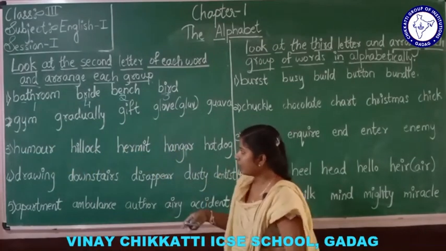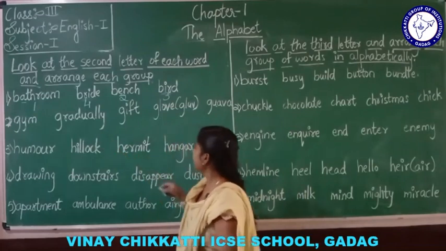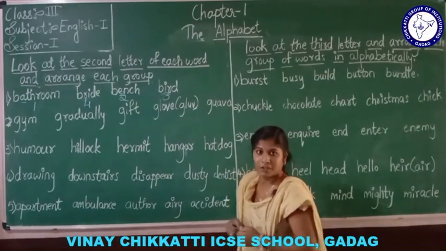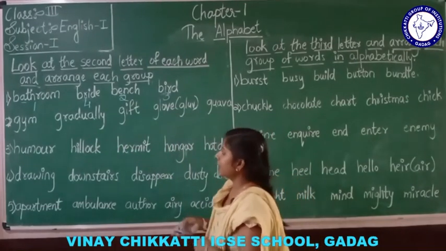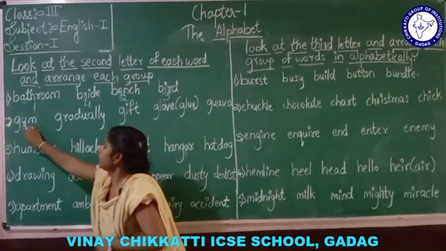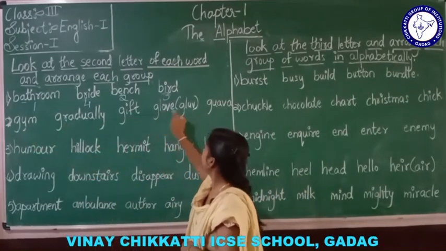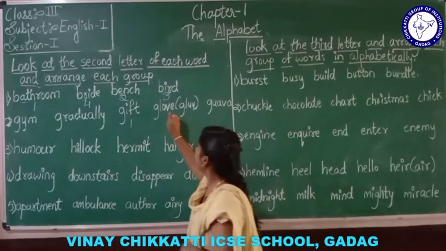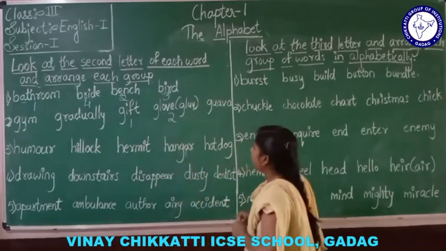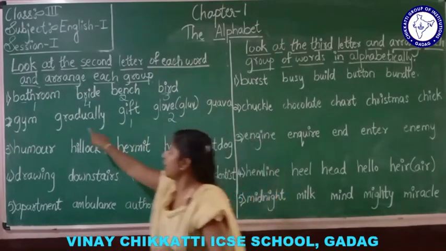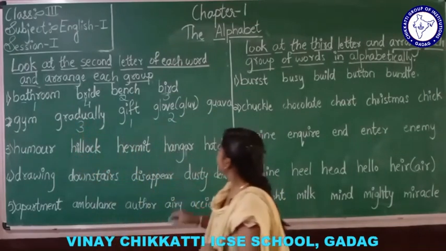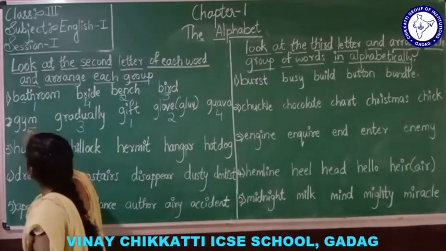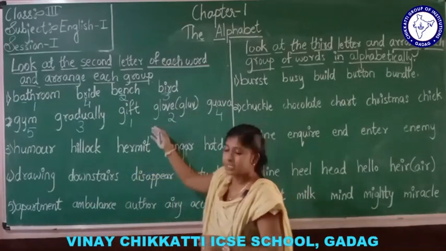Let us say A, B, C, D, E, F, G, H, I, J, K, L, M, N, O, P, Q, R, S, T, U. So this is fourth and this is last. Understood, students? Did you understand this?